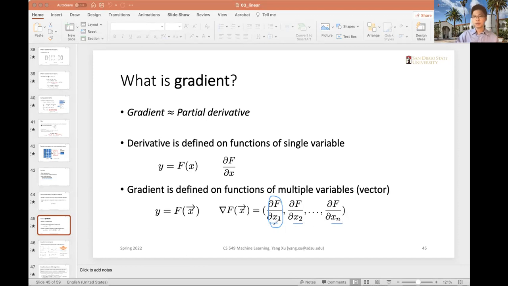When your input is a two-dimensional vector, then your derivative is also two-dimensional.